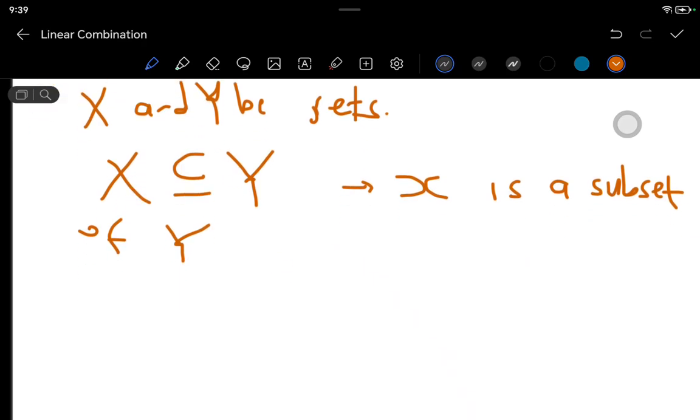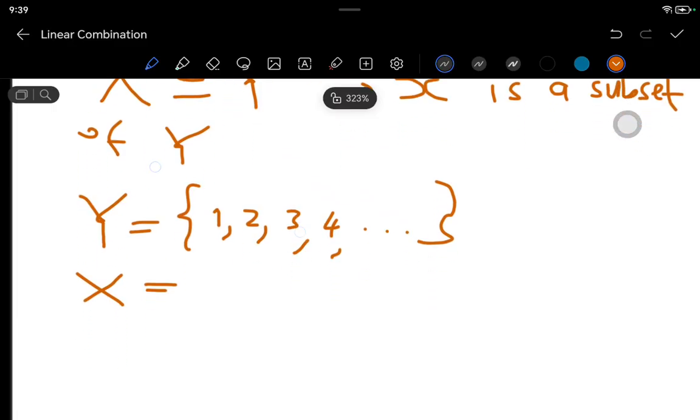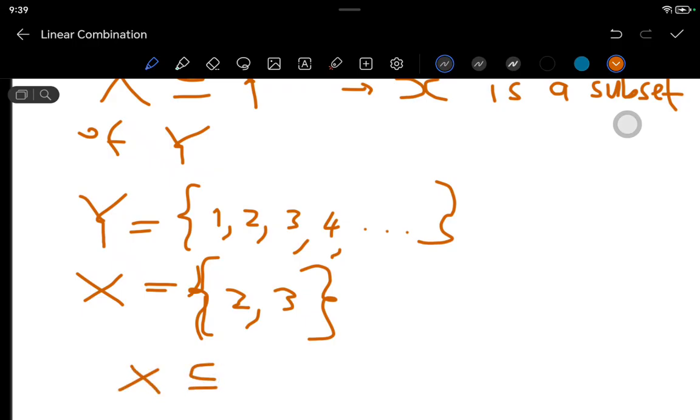What this means is that if y is equal to 3, 4, up until some number, and x contains some elements which are found in y, then this means that x is a subset of y.